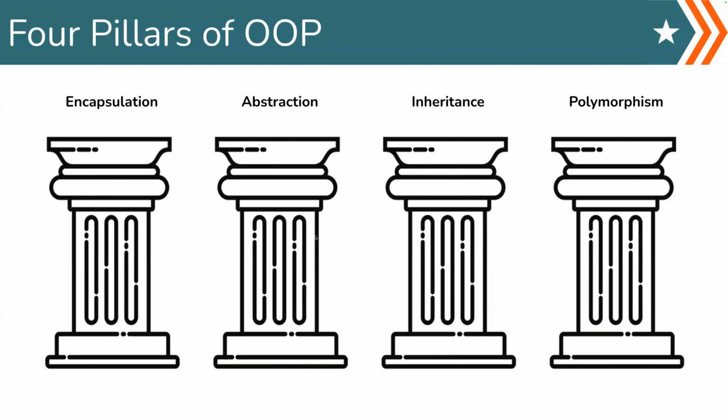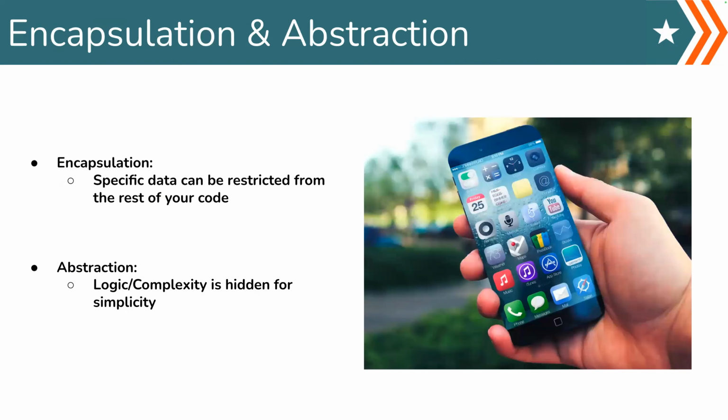Encapsulation, abstraction, inheritance, and polymorphism. Please go ahead and write these down. In practice, the more you write code, the easier it is to start to put these into practice.